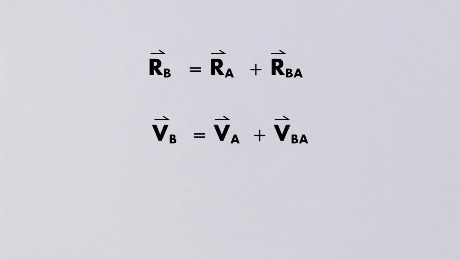So if we differentiate this equation, we are going to get a velocity equation which is going to read as velocity of B equal to velocity of A plus velocity of B with respect to A. Similarly, we can also write another generic equation for acceleration by differentiating the velocity equation, and that would be acceleration of B equal to acceleration of A plus acceleration of B with respect to A. With this basic introduction, we are now ready to deal with real problems. Let's take a look at an example for relative velocity.